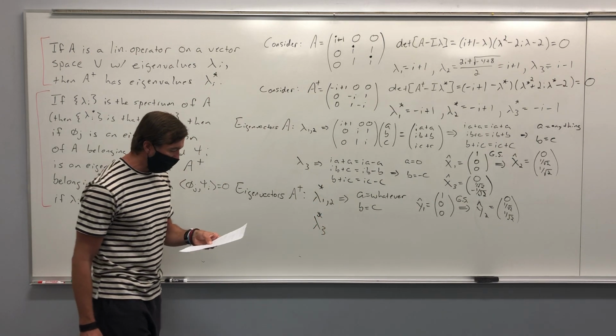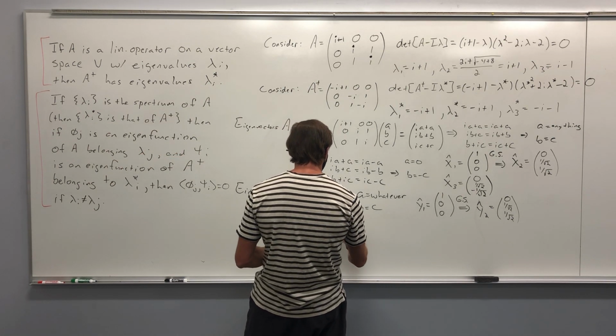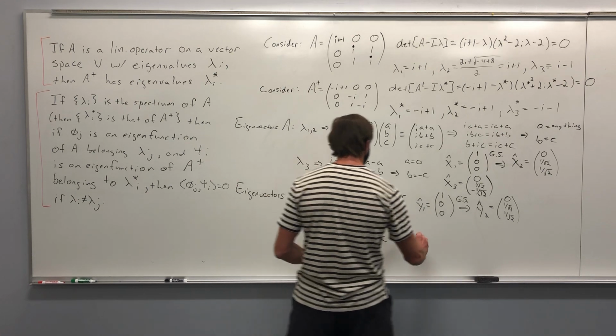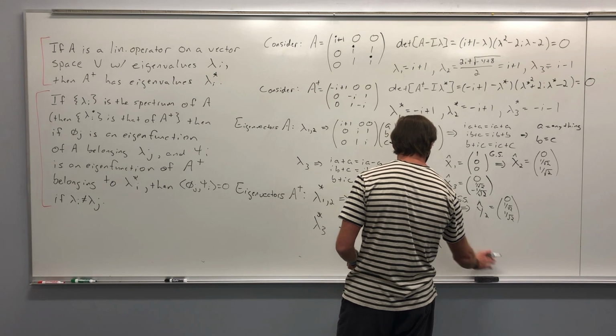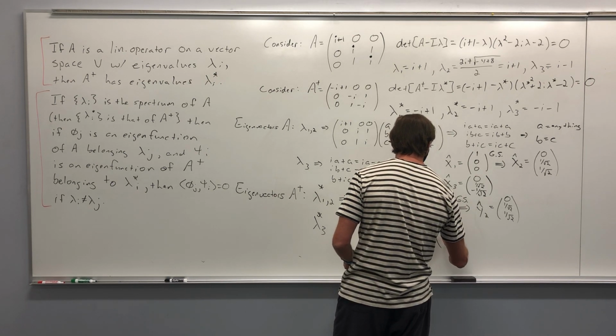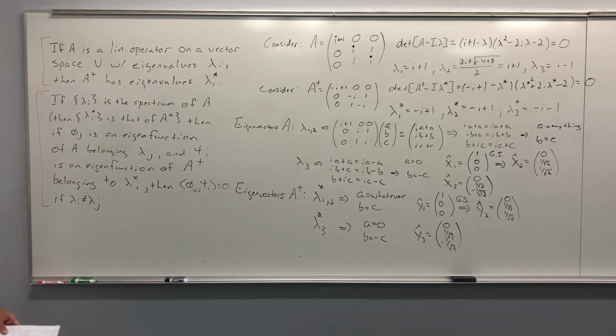Lambda star is the eigenvalues of the A dagger matrix. Then this gives me, once again, A equals 0, B equals minus C. Okay, so I have eigenvectors for A, I have eigenvectors for A dagger.